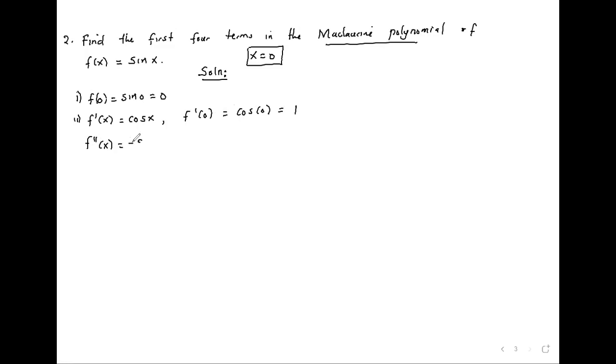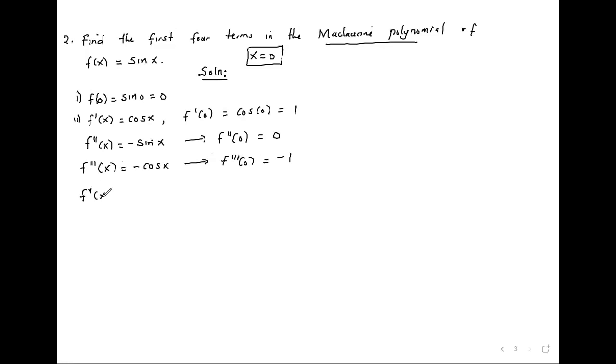That is negative sine of x. So f double prime of 0 is 0 because that is sine. So we go to the third, we get negative cos, and then f triple prime of 0 is negative 1 now. So we have two terms. We will need 4, so we continue.